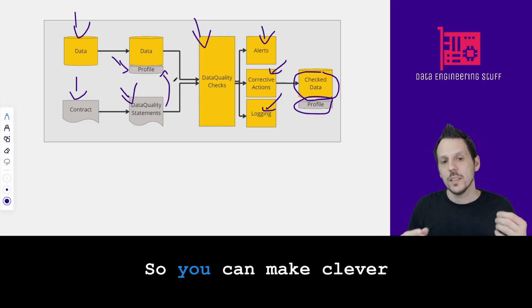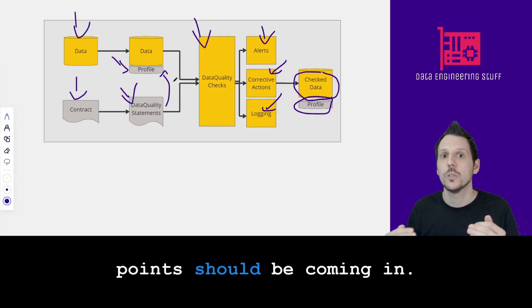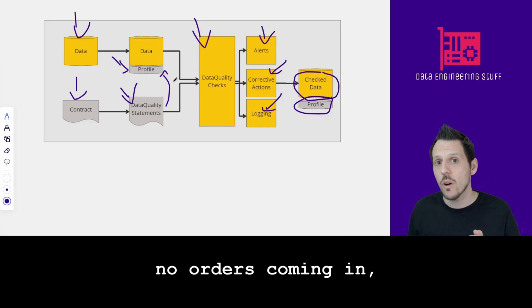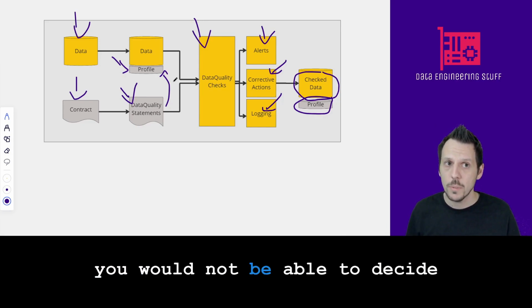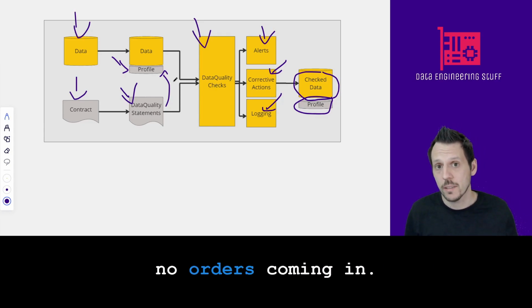So you can make clever assumptions of how many data points should be coming in. If you don't have this profile, and there would be perhaps no orders coming in, you would not be able to decide between a system crash or simply no orders coming in.